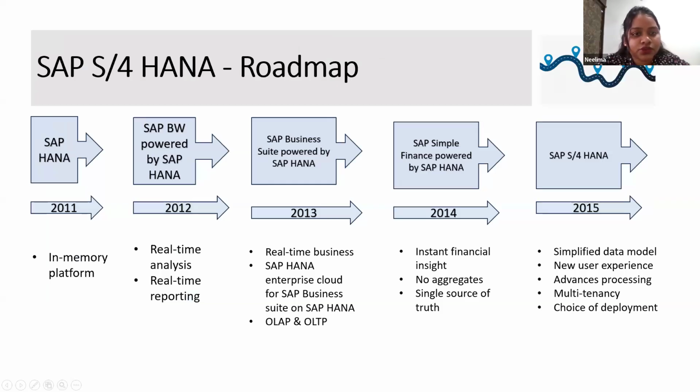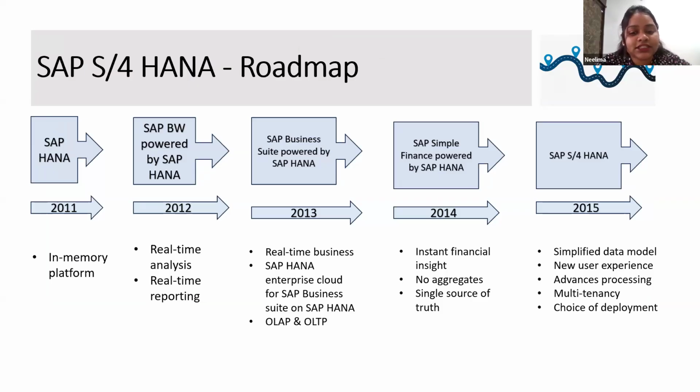This roadmap shows how SAP evolved step by step before introducing SAP S/4HANA in 2015. As I mentioned earlier, in 2010 the SAP HANA database came into the picture. This roadmap shows how S/4HANA evolved from 2010 to 2015.